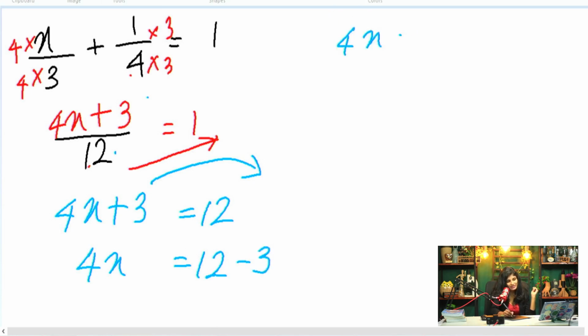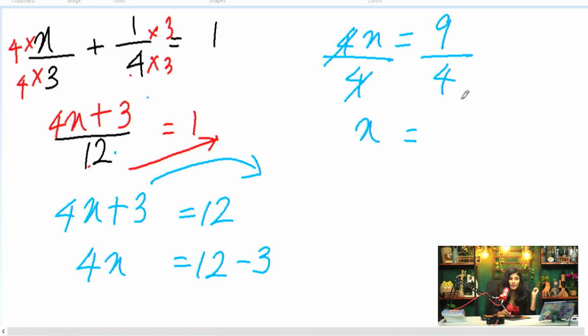Again, 4x is equal 12 minus 3 means 9. So I will divide both the sides by 4. 4 and 4 are cancelling out. Only x is remaining. 9 divided by 4. As this one is improper fraction, I will just convert this one into a mixed number. So 2, 1 over 4. That's it. If you want to note down anything, you can write.